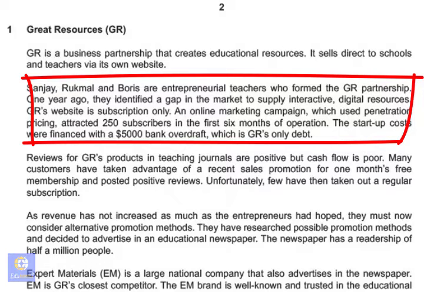So we have to talk about GR's supply of products, digital resources. This is a little bit of a tricky question, as a digital resource is not normally what we talk about when we're referring to supply and demand. Usually it's more tangible products such as manufactured products or agricultural products.